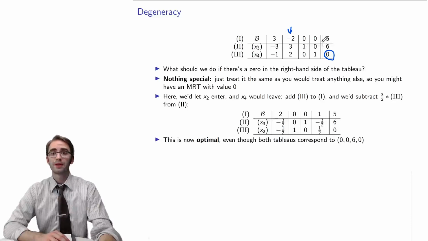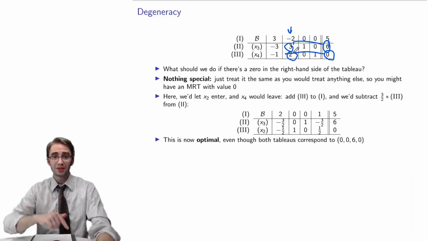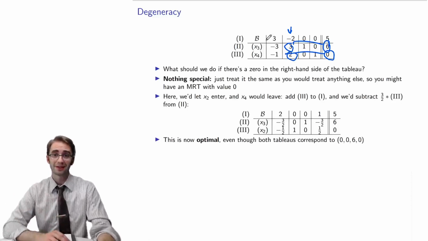And so when we perform that minimum ratio test, we'd look at 6 divided by 3, and we would look at 0 divided by 2. And of course, 0 on 2 is the smaller of those because it's 0. And so you'd say, well, then therefore, x4 is going to leave because it has the smallest minimum ratio test, which happens to be 0. But we don't care. It doesn't matter.